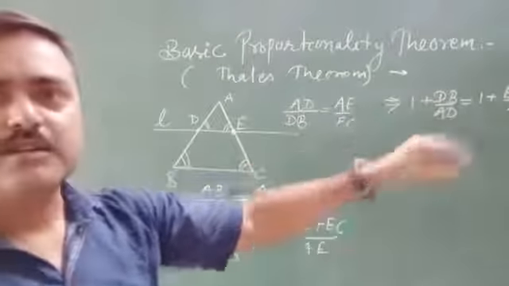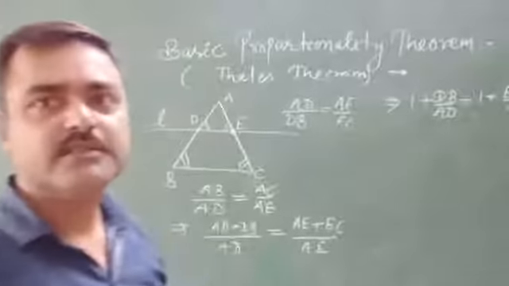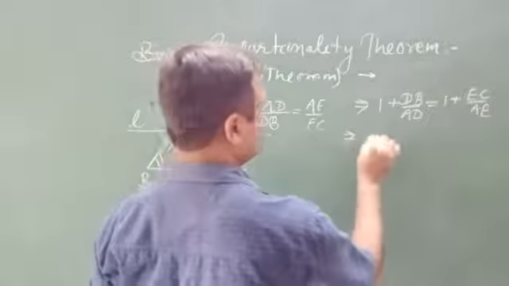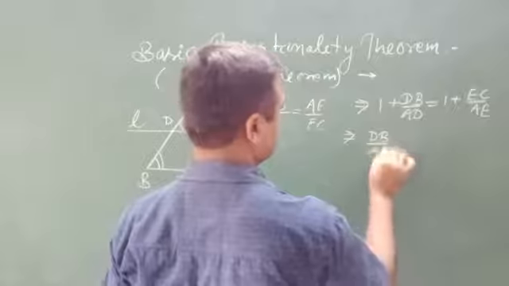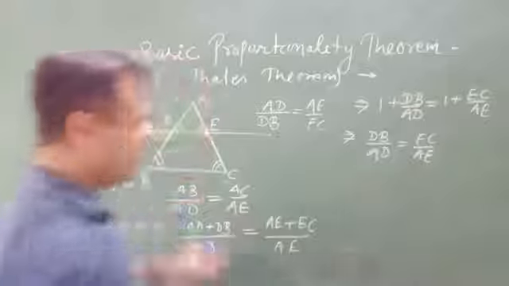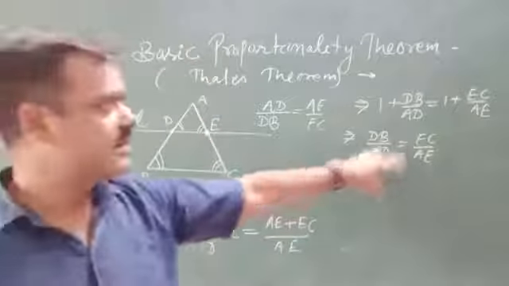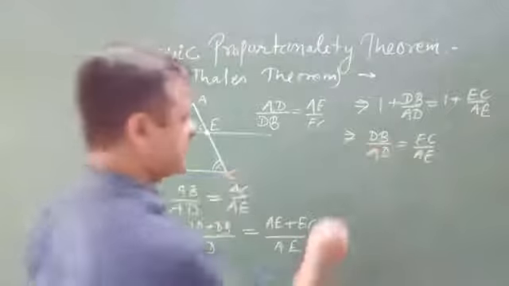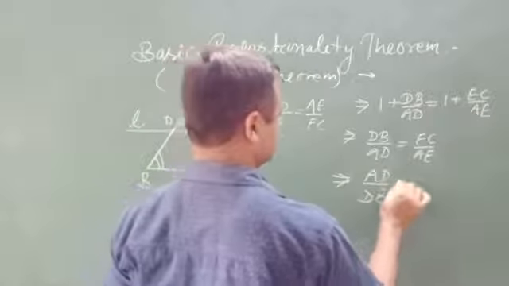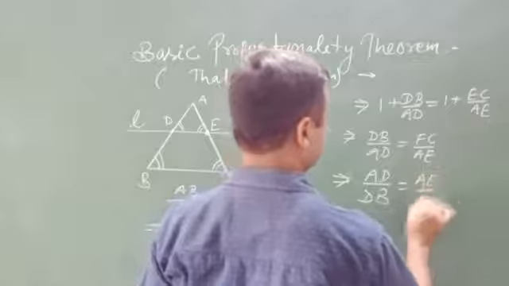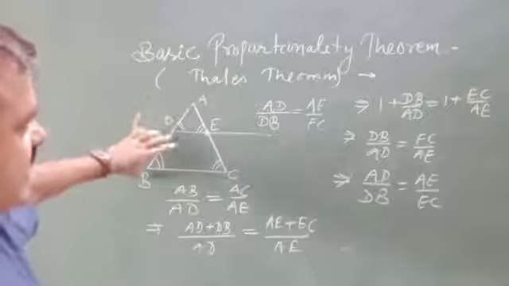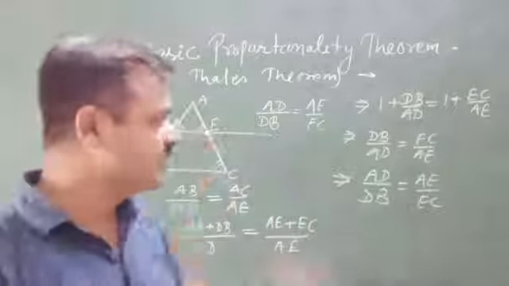Here 1 and 1 on both sides cancel out. Then this becomes DB upon AD equals EC upon AE. Just by reversing, AD upon DB equals AE upon EC, and this was to be proved.